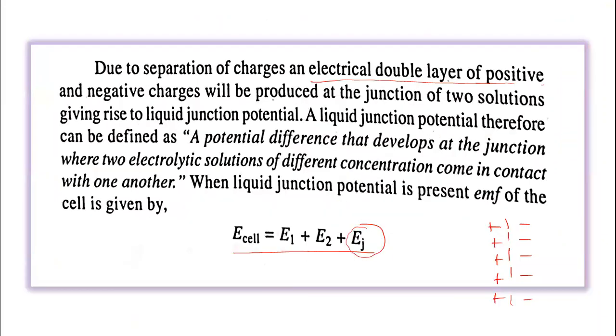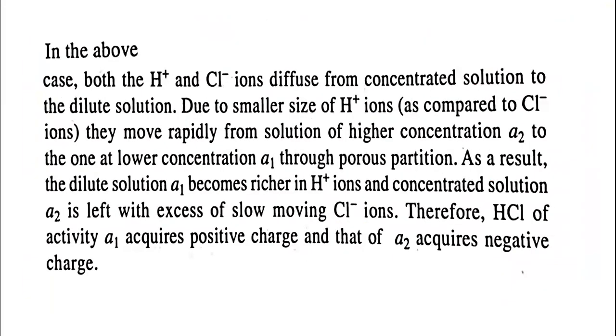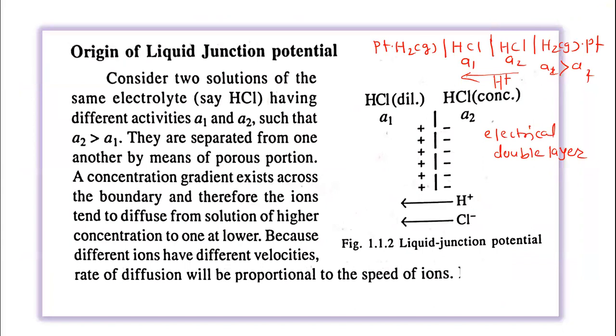So in this lecture, we have discussed the origin of liquid junction potential, how the liquid junction potential is developed. The liquid junction potential is developed at the contact between the two electrolytes, where the two electrolytes are in direct contact with each other.